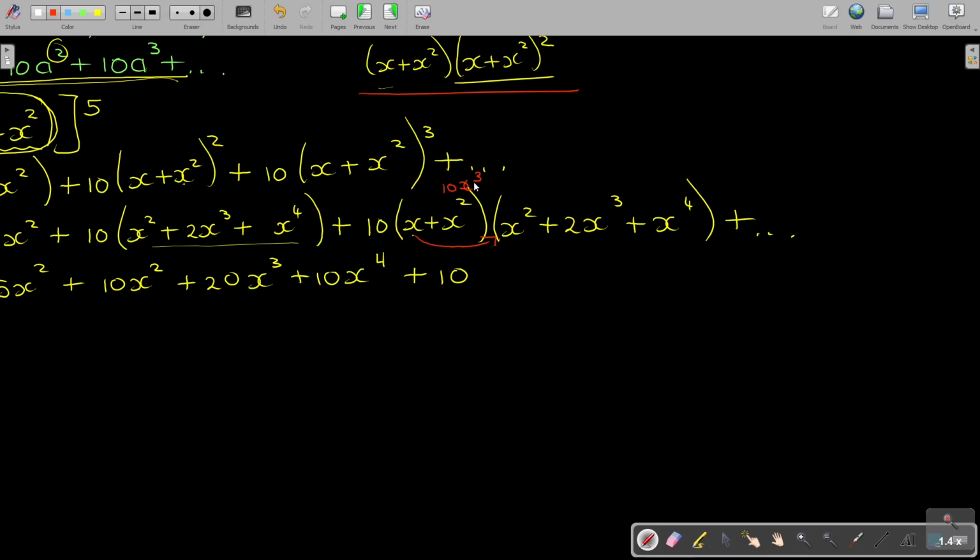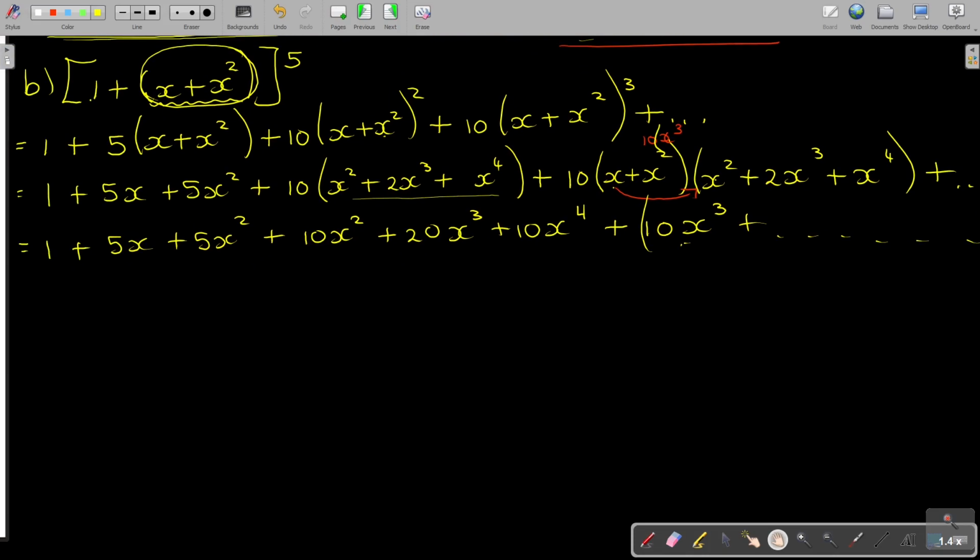So basically, if I multiply, I'm just not going to write the 10. I just want to show you. Let's just quickly see. So this is going to be x3, so it's going to be 10x to the power 3. I still need that one, do you see, of the x3?